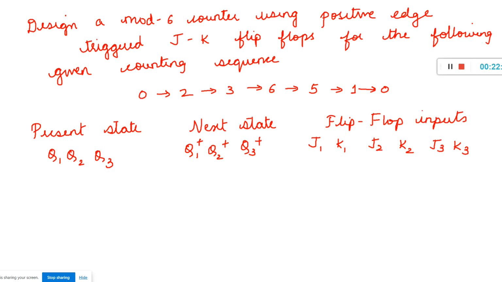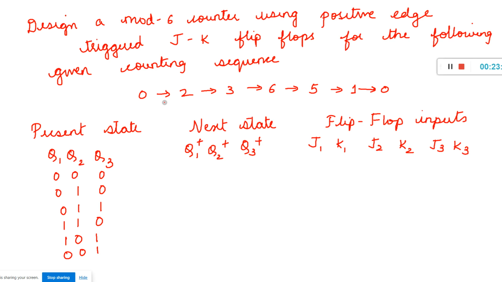So I will write here now. First state is 0 0 0. Next state is 2, 0 1 0. Next state is 3. Next state is 6. Next state is 5. Next state is 1. Okay, so in this way we have to write this.